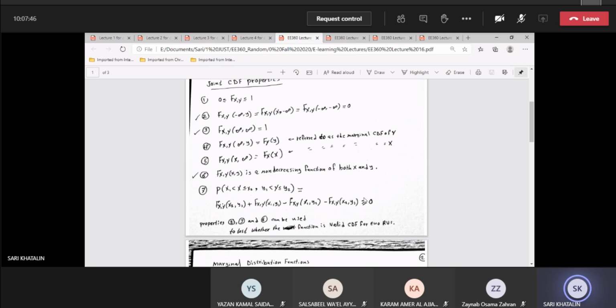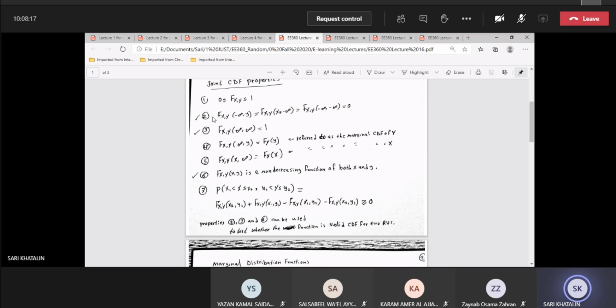Now, as with the single random variable, if you were given a function and you want to verify whether it is a valid CDF or not, we can verify that a given function is a valid joint CDF for two random variables by using these properties: the first, number 2, number 3, and number 6.